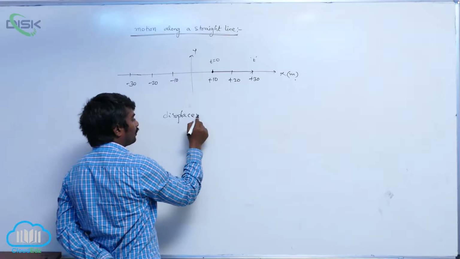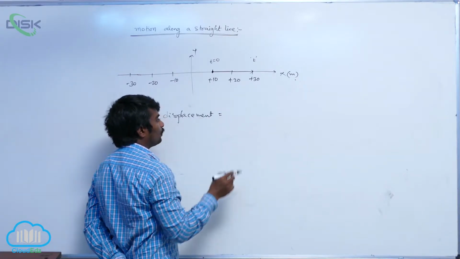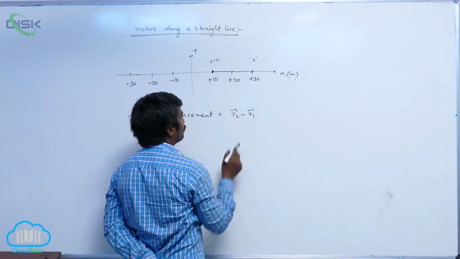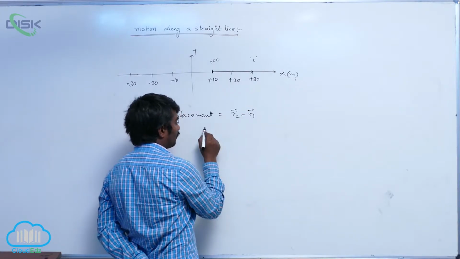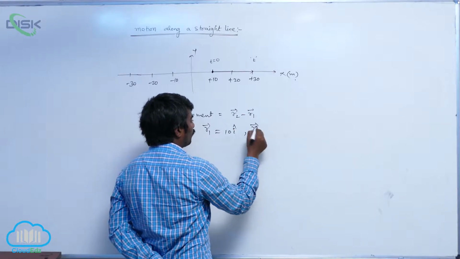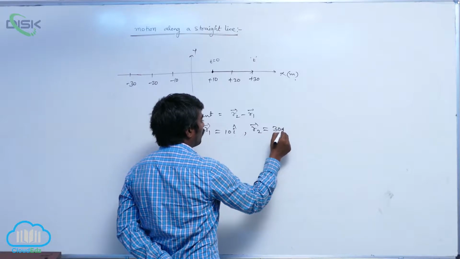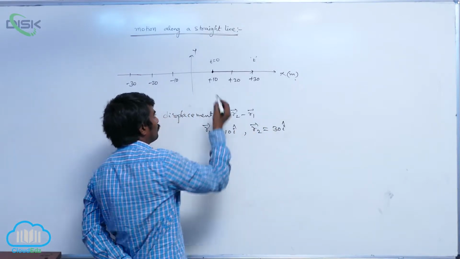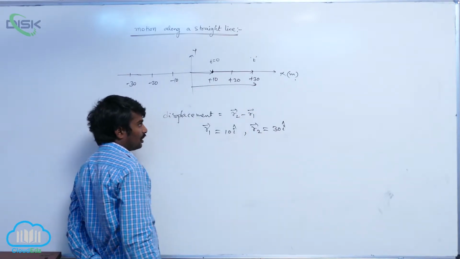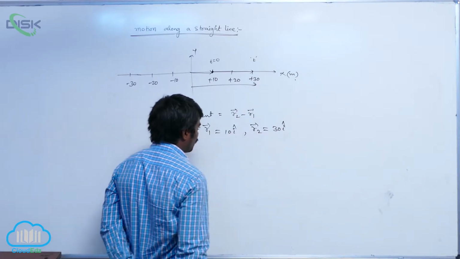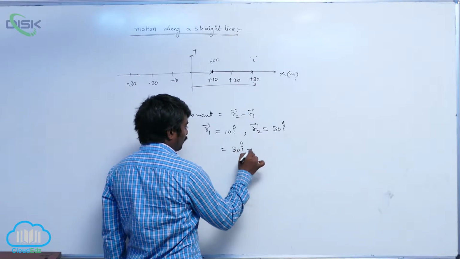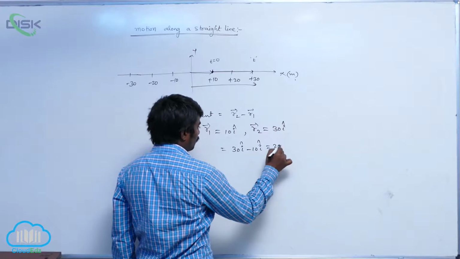Displacement is equal to r2 bar minus r1 bar, but here only one coordinate is changing, where r1 bar is equal to 10 I cap and r2 bar is equal to 30 I cap, because this is r1 bar and this is r2 bar. It is along x-axis, so plus I cap I have taken. So displacement is equal to 30 I cap minus 10 I cap, that is equal to 20 I cap.